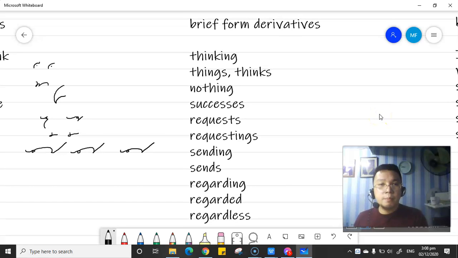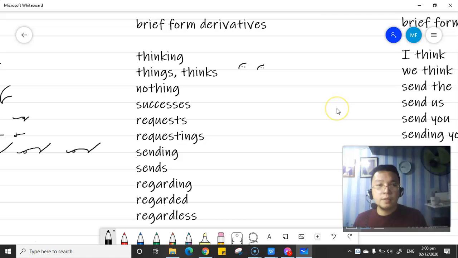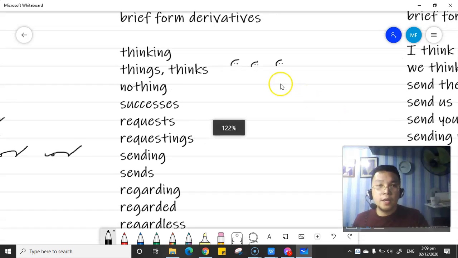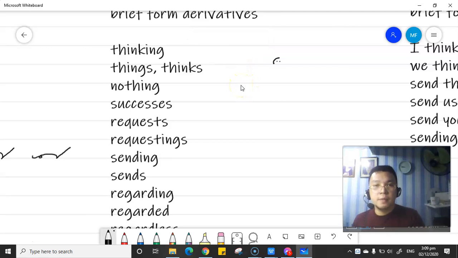Thinking is just simply over it, ing, then another dot. Hold on, class, ha. Ayusin ko lang yung over it. Over it, ing, then another dot for thinking. Okay, let's have the things: over it, then the disjoined left S for things.